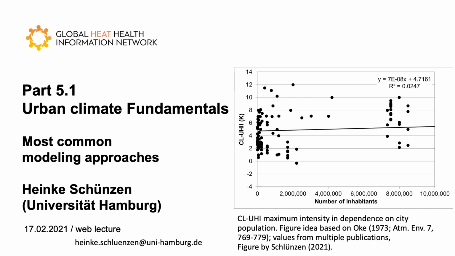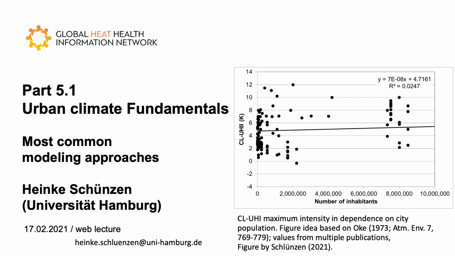The first model you might have in mind is the relation of the canopy layer urban heat island intensity and the number of inhabitants. As seen in the figure, there is a slight increase with number of inhabitants.